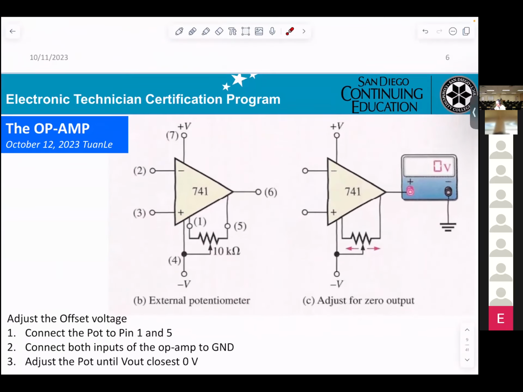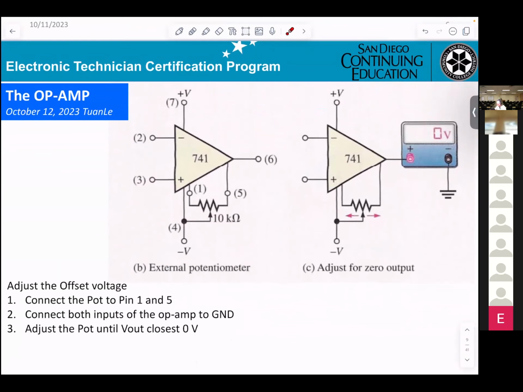Now I will try to explain to you. Okay, you can see the op-amp here. Input positive, input negative, output. Normally, if you get 0 volt here, 0 volt positive, the output is supposed to be 0. That's what you want.